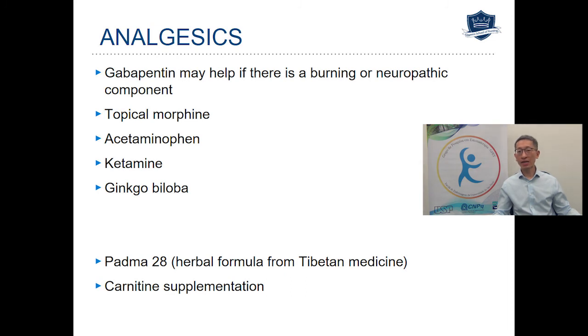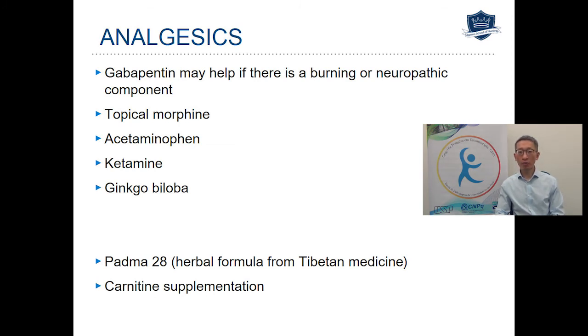There are also other medications, for example, acetaminophen and ketamine. Ketamine is quite useful, especially if there's nerve damage. Some herbal preparations, if you may, a non-pharmacological approach, using ginkgo biloba, anti-inflammatory. And there's a couple of interesting studies looking at something called Padma 28.